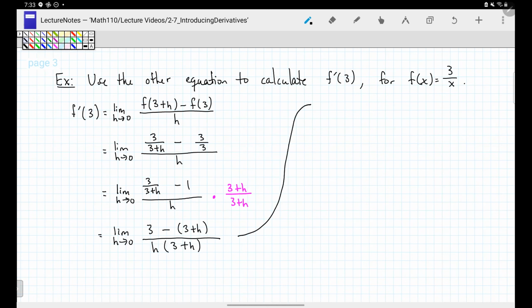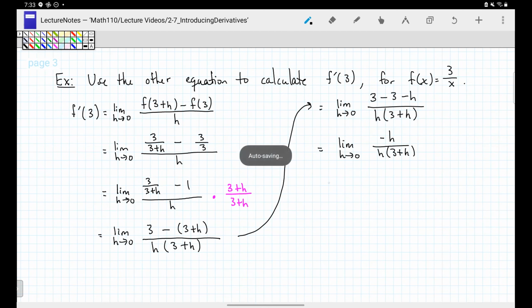Let's come back up here. This is the limit as h goes to 0 of 3 minus 3 minus h, so negative h, divided by h times 3 plus h. The nice thing about this is that, in this particular case, I have my common factor of h already there.